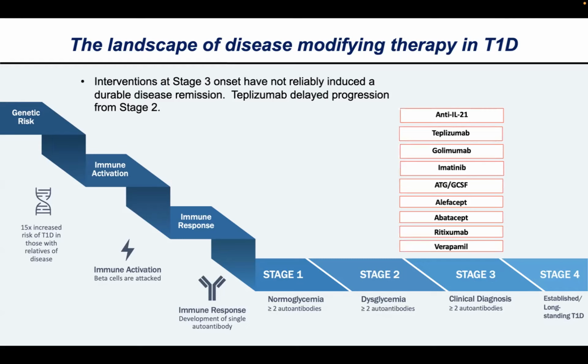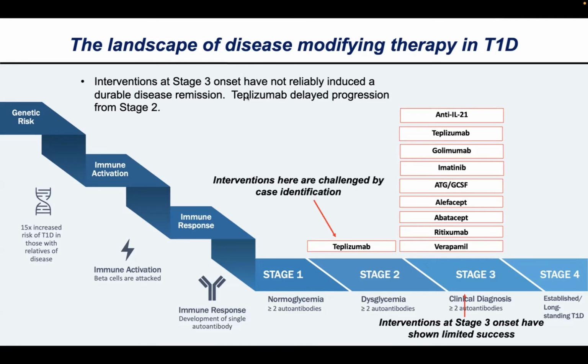Why we are interested in stage 3 is because a number of regulatory agents, for example the drugs listed here, have been tested on stage 3. However, most of them have not reliably induced a durable disease remission. Only one drug, teplizumab, recently showed delayed progression from stage 2 and got approval from the FDA.